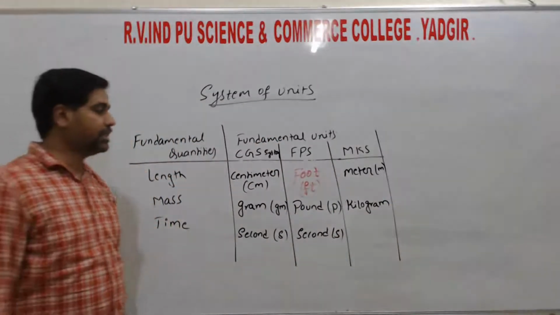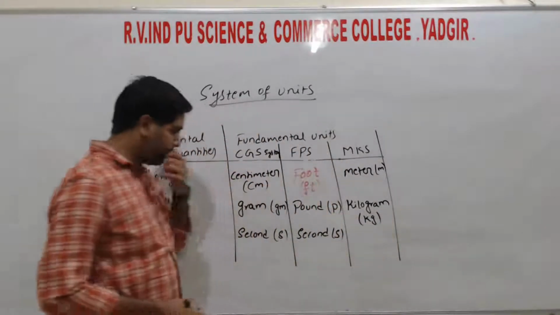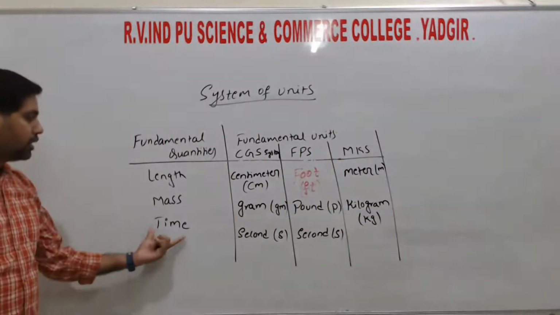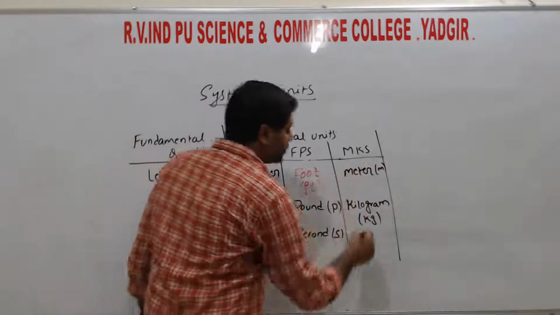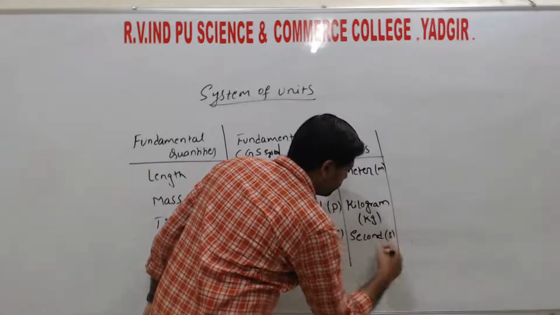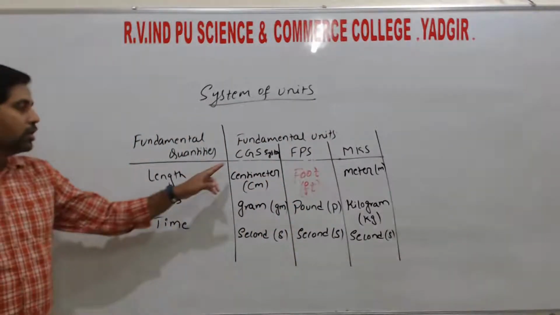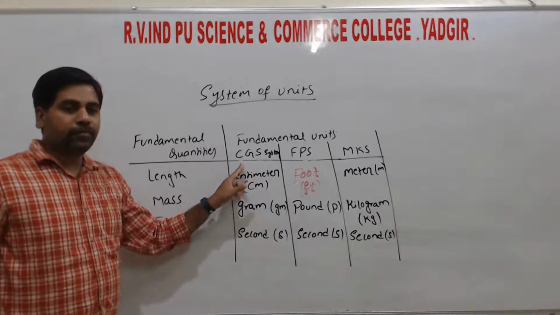The symbol is kg. Next, time. So here also we have S. That is, S represents seconds. The symbol is S.